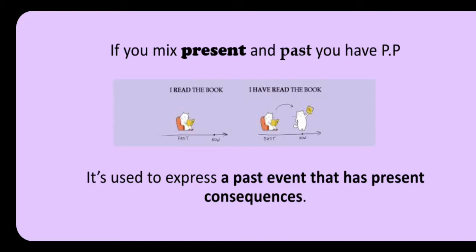We use this tense to describe events and experiences that happened in the past but that have some kind of effect or consequences in the present. So the past and the present are connected in this tense.